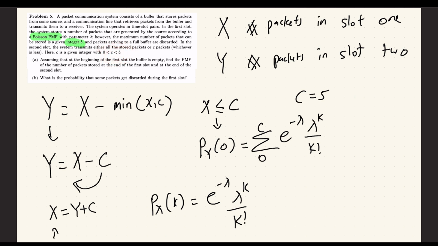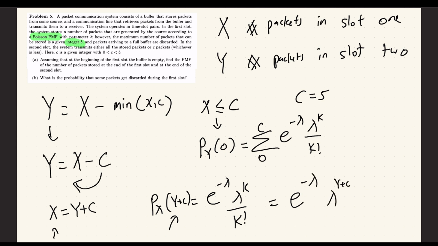Well, instead of the X here, right, or the K here, we write Y plus C. So we can say Y plus C or K plus C, whatever, right? Which just gives you the formula of e to the minus lambda, lambda to the power of Y plus C, divided by Y plus C factorial.